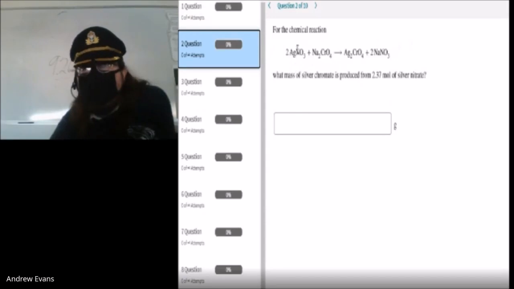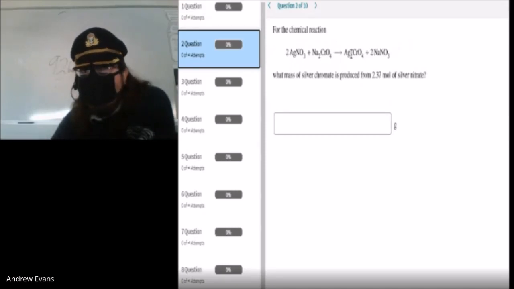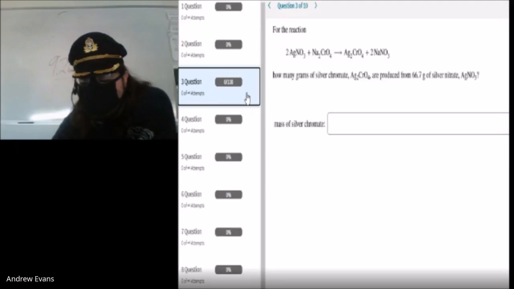So we would be turning moles of silver nitrate to moles of silver chromate and then multiplying by its molar mass. So we're going moles of A to moles of B to grams of B. And the reason a little bit harder, which is grams to moles to grams.